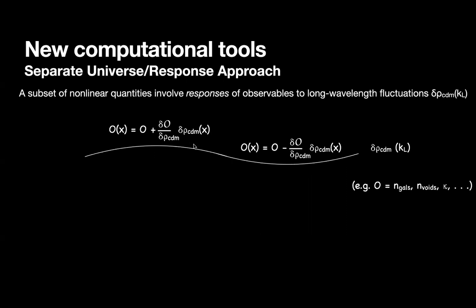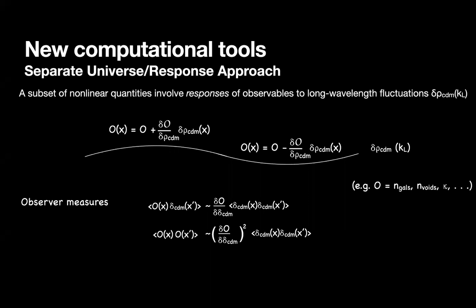So in some overdense region, the observable has its global mean value plus some term which depends on how this observable O responds to the matter density. And in the underdense region, I have the opposite. Now, an observer looking out at the universe measures correlation functions of this observable, for instance, and the correlation functions of this observable are then set by correlation functions in the matter field with some coefficient that depends on how the observable responds to the matter.